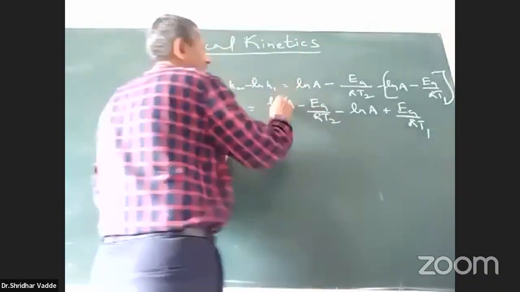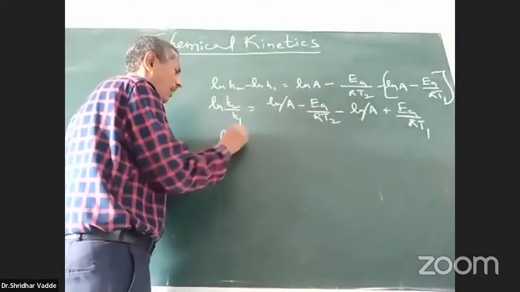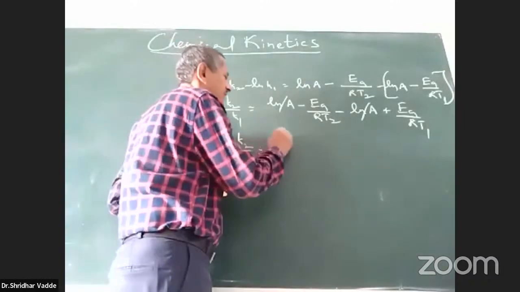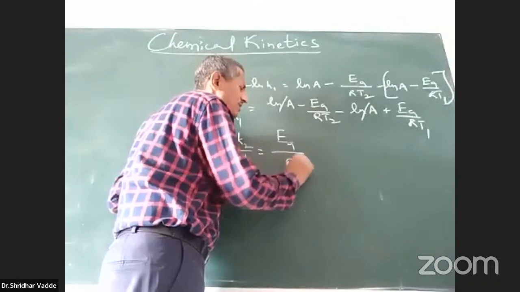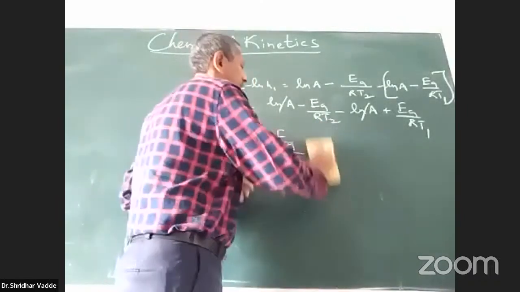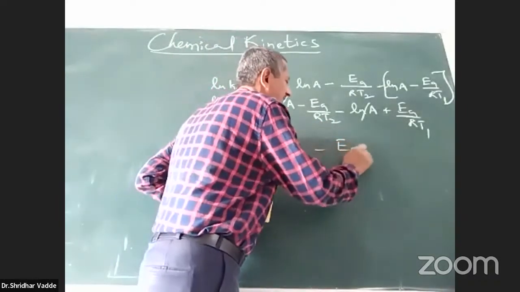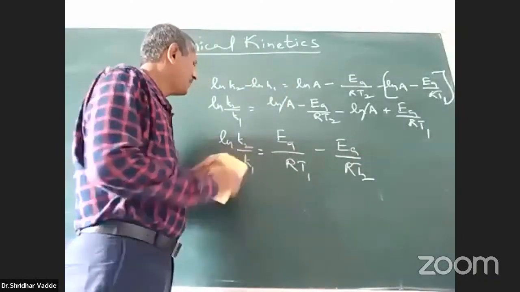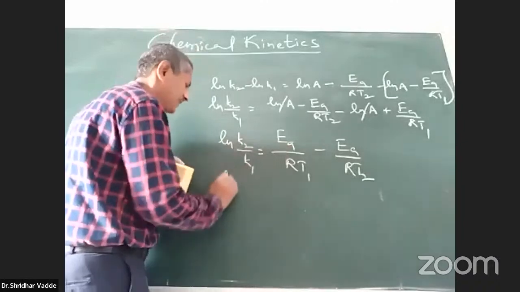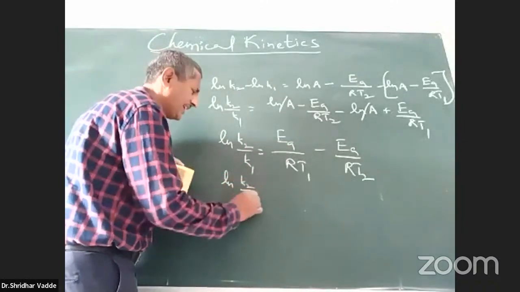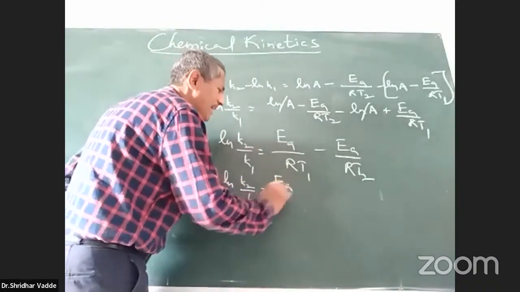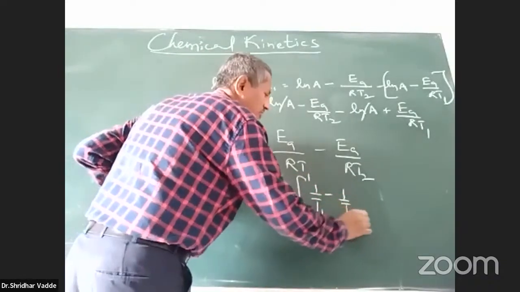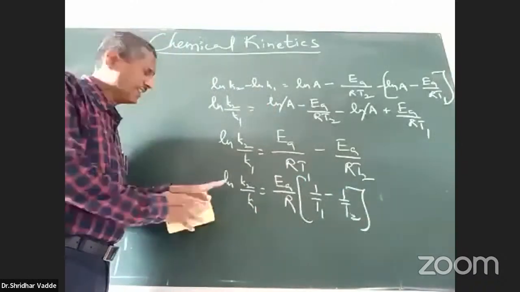So ln A cancels. So ln K2 by K1 is equal to Ea by RT1 minus Ea by RT2. So here we can write ln K2 by K1 is equal to Ea by R common, 1 by T1 minus 1 by T2. And this is ln.